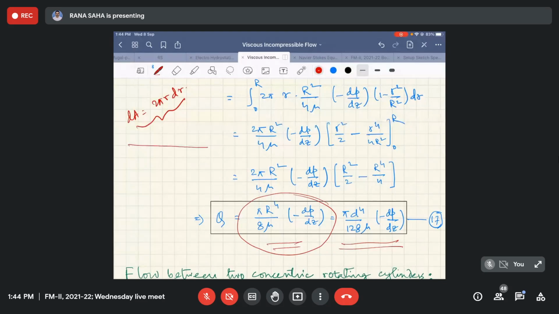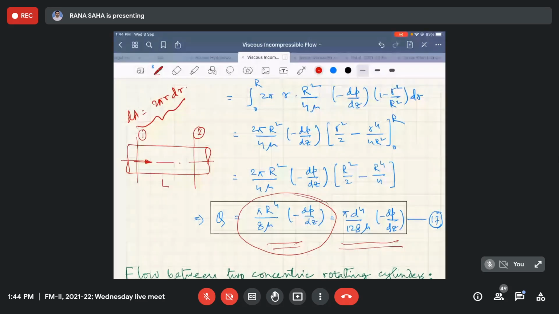So if this is a pipe, and this is the axis, say here one pressure tapping, here another pressure tapping. This is 1 and this is 2, and this is the direction of flow, where this length is known to you.